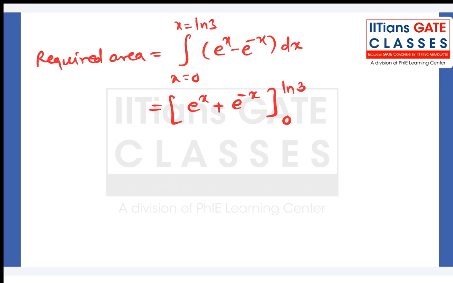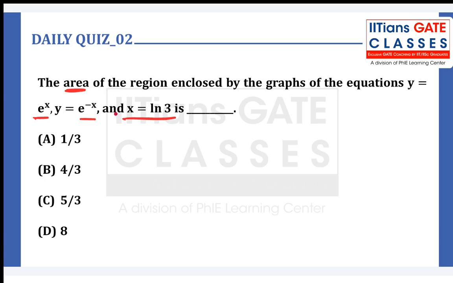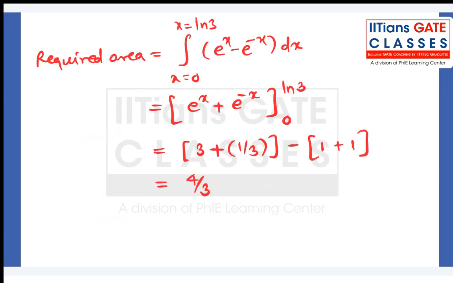Okay, and then you are supposed to put the limits, and if you do that, the upper limit will give you e power ln of 3, that is just 3, plus e power minus ln of 3, that will be 1 by 3, minus e power 0 which is 1, and e power minus x also, if you put x equal to 0, that is 1. So this is nothing but 3 minus 2 plus 1 by 3, that is 4 by 3. Okay, so this is your answer, so option B. And yeah, the given answer key is also the same answer.